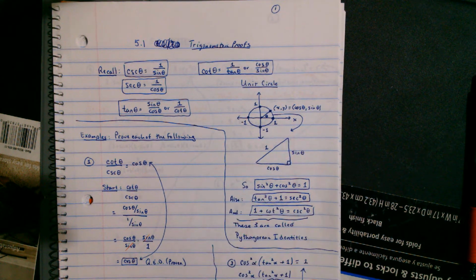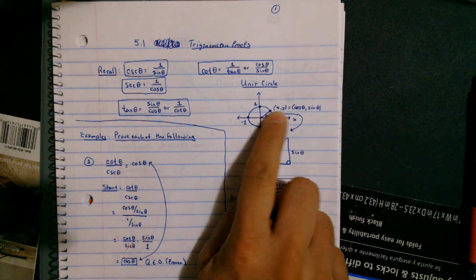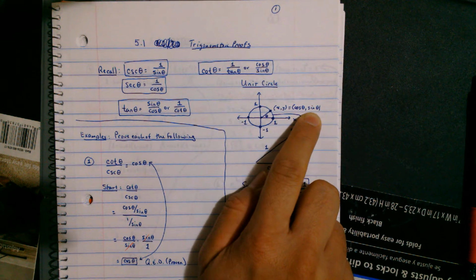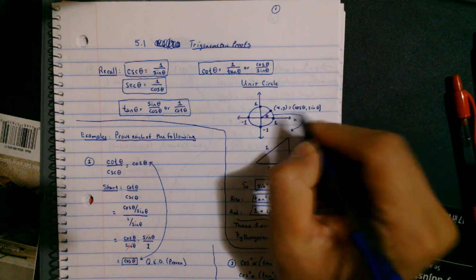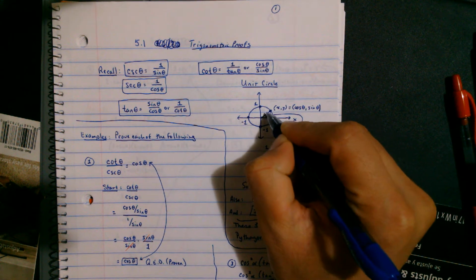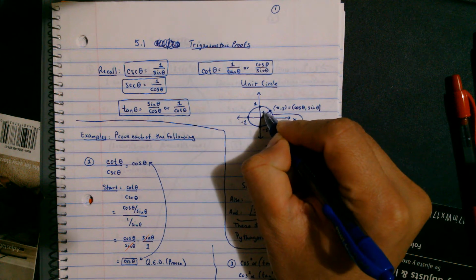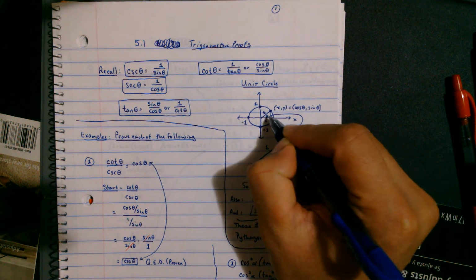In terms of the unit circle, there are what are called Pythagorean identities. If you're on the unit circle, cosine and sine, there's a little triangle there, essentially. You have a little 1, your little x, your little y.